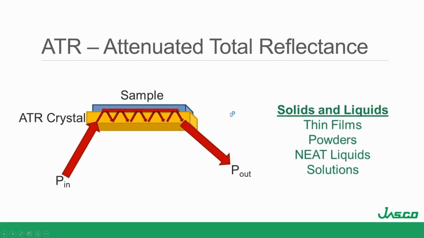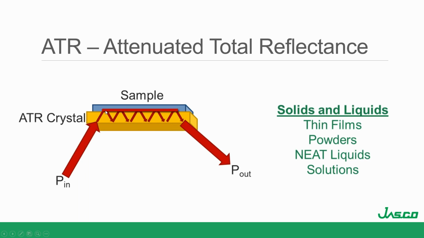So finally, ATR. With ATR, you have a crystal, special crystals, usually diamond, zinc selenide, or germanium. The light goes in and bounces internally through the crystal, then out.